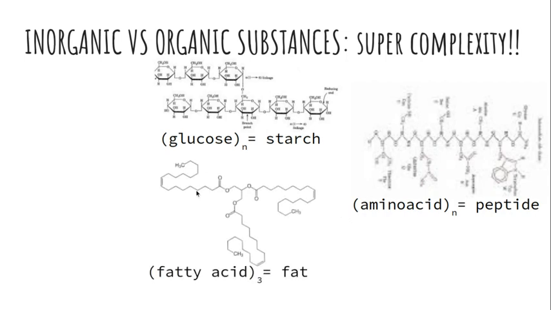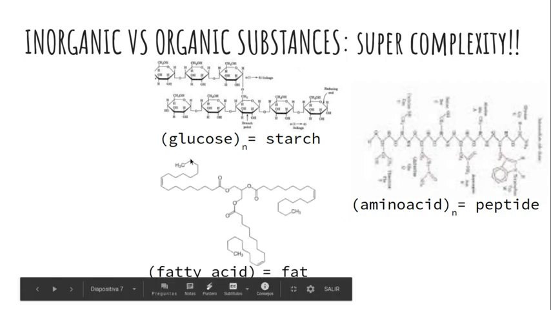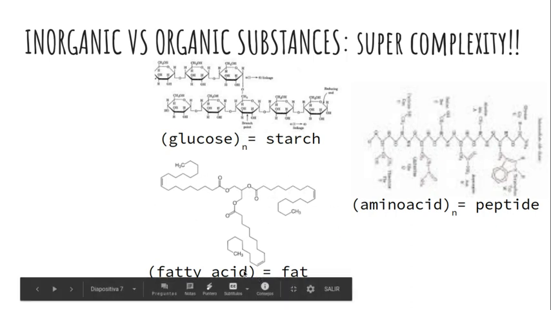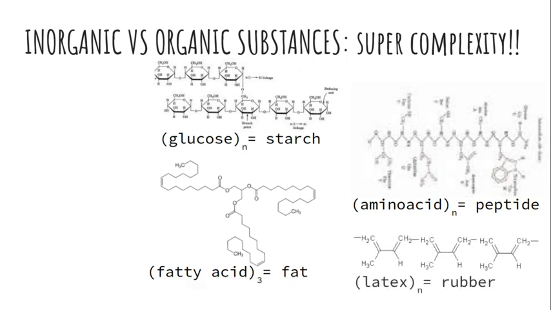A fat molecule is three oleic acids, the molecules that we saw before, yes. Now the three of them join together here, all right. That is what turns into a fat. In this case, it is much simpler because it's only three molecules of fatty acids or oleic acid joined together. And the same happens with latex, that if you join many molecules together, kind of 2,500 molecules of latex together, you get rubber, okay?